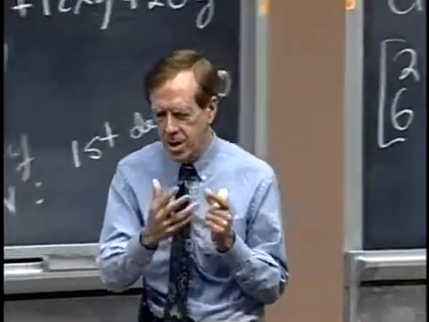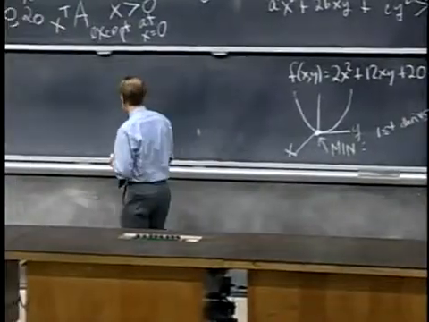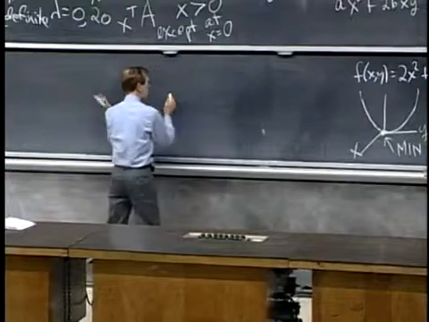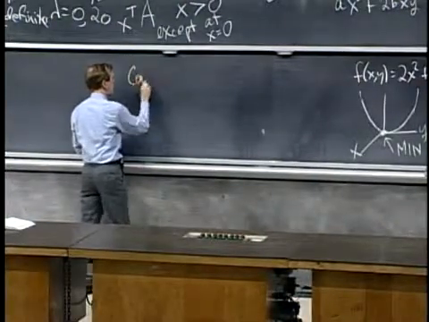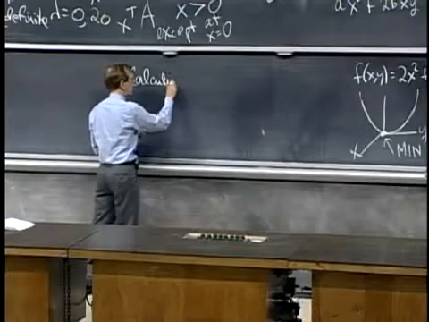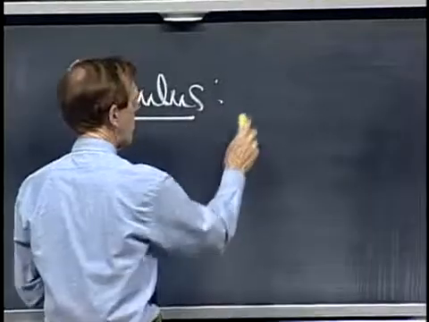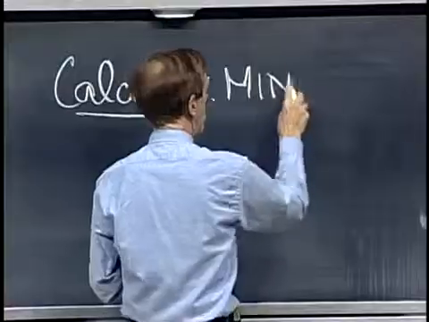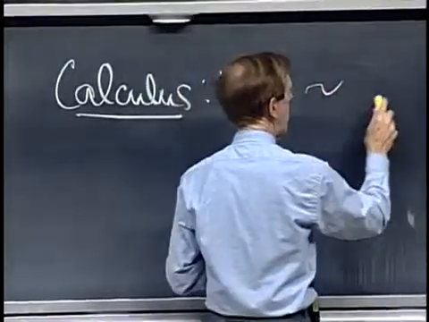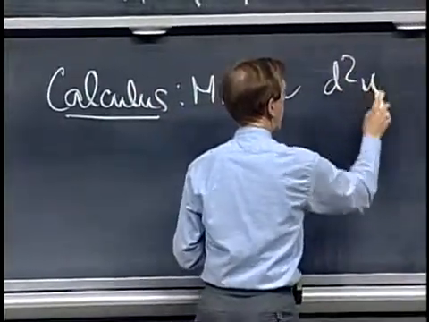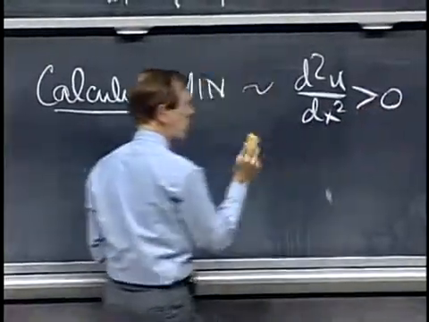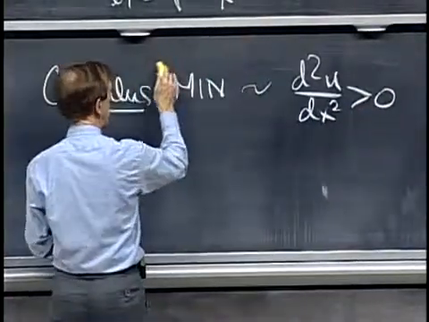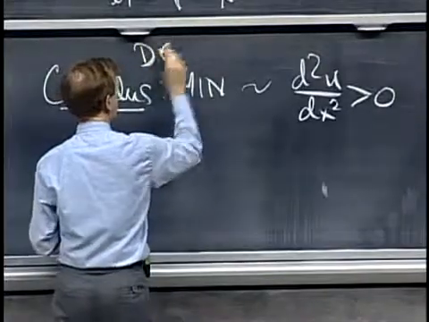So this is the translation of how minimum is coming in. In the beginning of calculus, a minimum was associated with the second derivative being positive, and first derivative 0, of course.